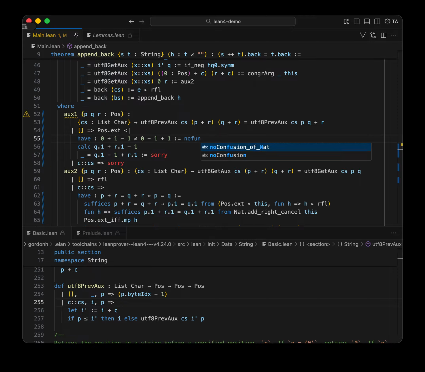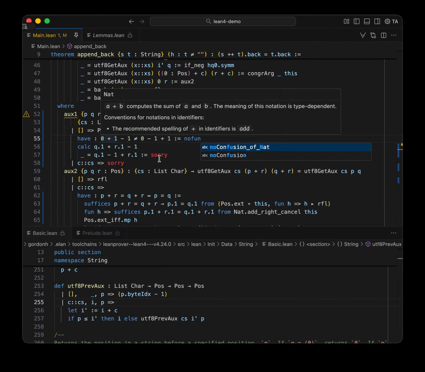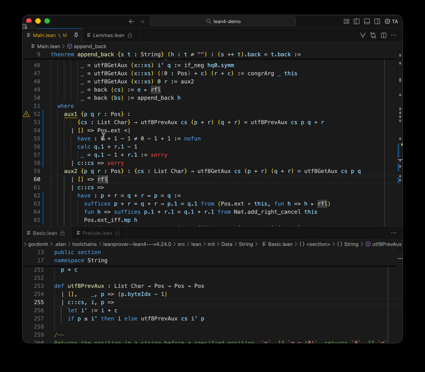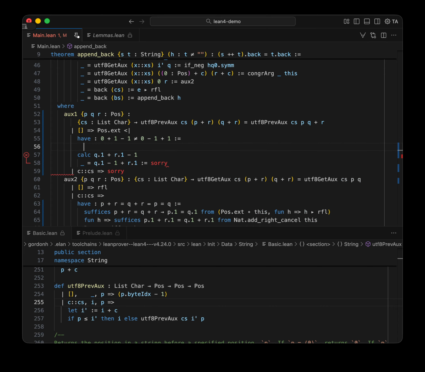Well, really isn't. By definition, they are not, because this is 1 by definition. We calculate. This is 1 minus 1.